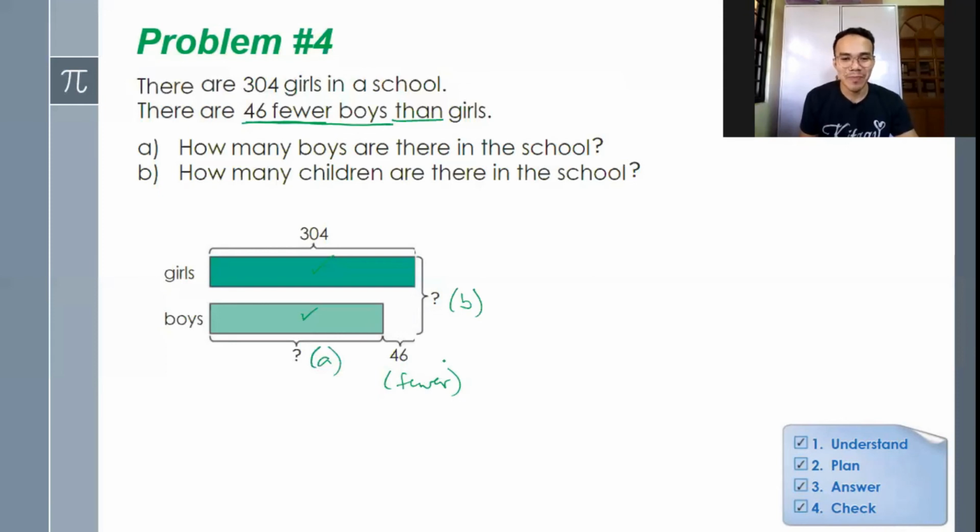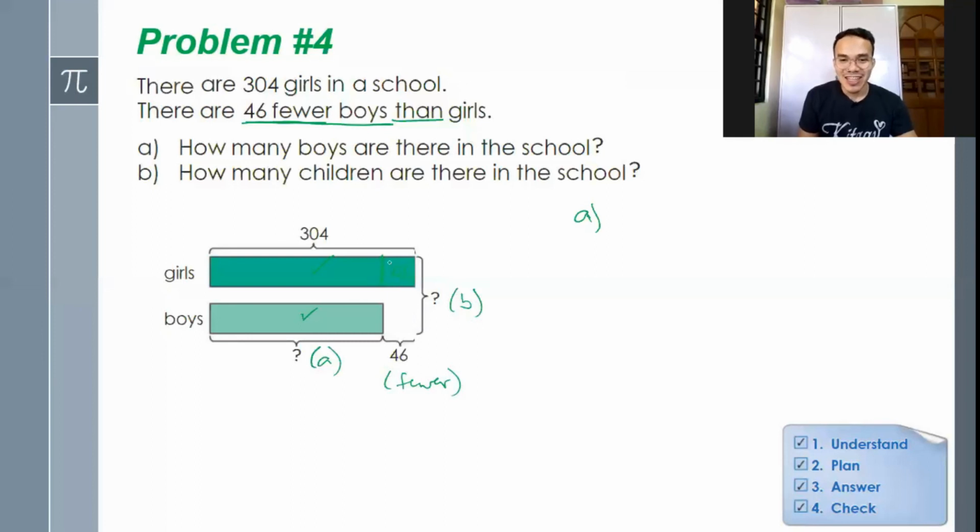Okay? So to answer letter A, this is how you're going to write your answer or solution. You have to put letter A to indicate that you are solving or answering question letter A. We have here 304, and this can also be considered as 46.